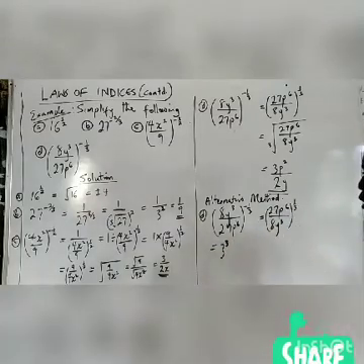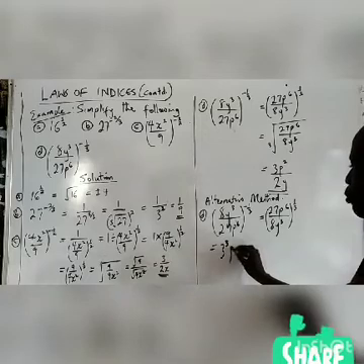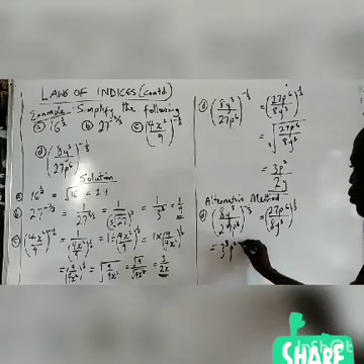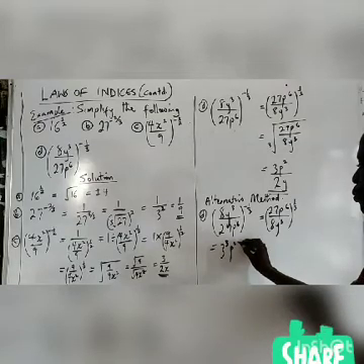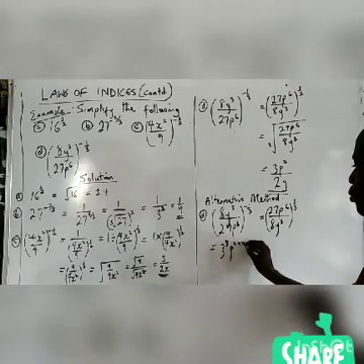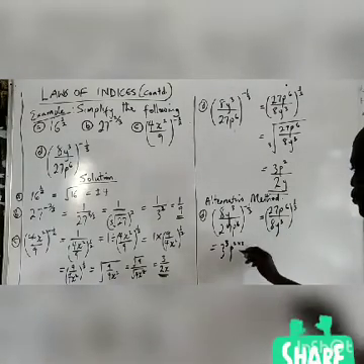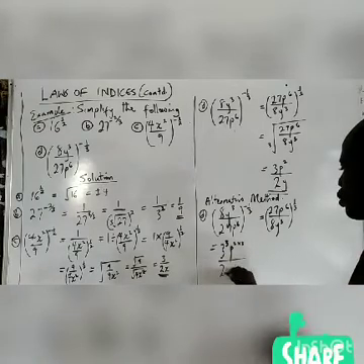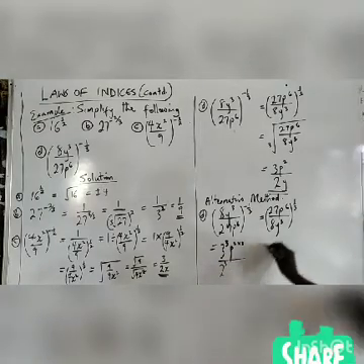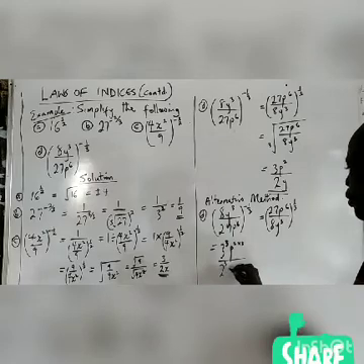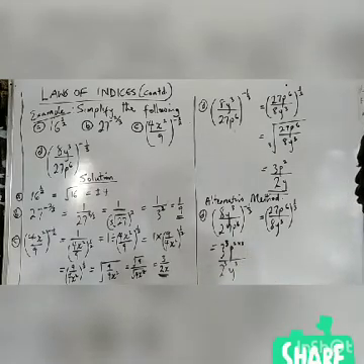P raised to power 6, we're having P raised to power 2 times 3. So here we're having 2 raised to power 3. Then here we'll be having y raised to power 3.